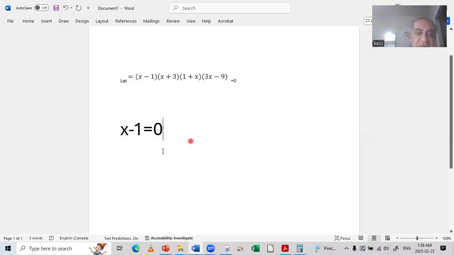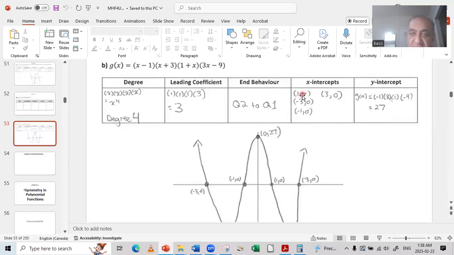I will take this one to the other side, but the sign was negative, and it will turn into positive. So 1 plus 0 equals 1. So x here equals 1.